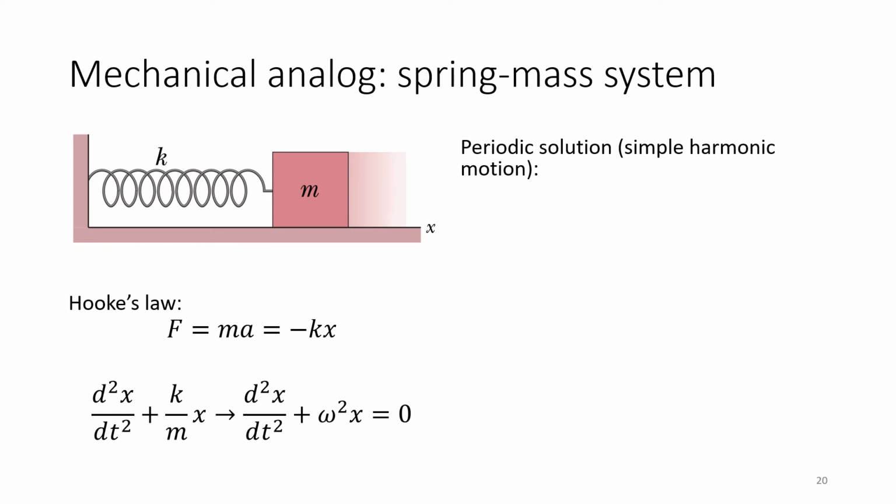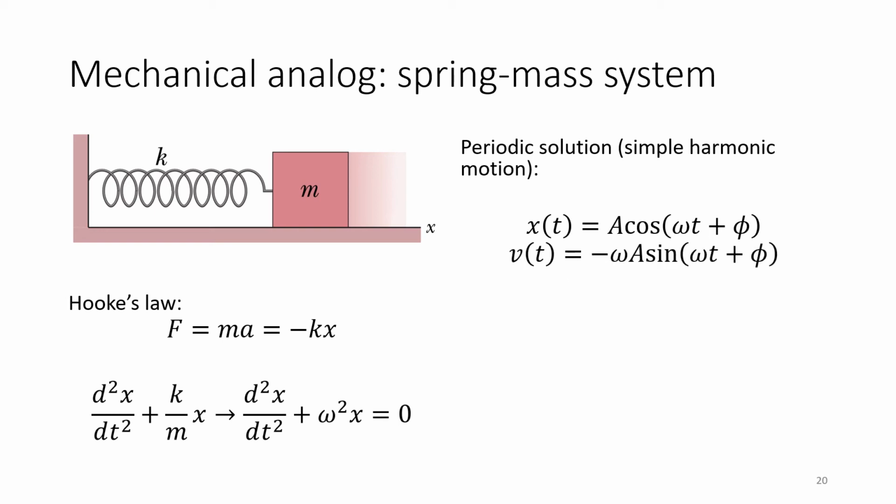The solution to this differential equation leads to periodic functions, with x equals A cosine omega t plus phi, and v equal to negative omega A sine omega t plus phi. We use cosine to follow the initial condition that the spring is fully stretched from equilibrium to its amplitude A at the start.